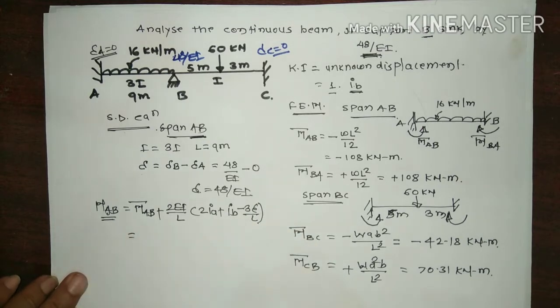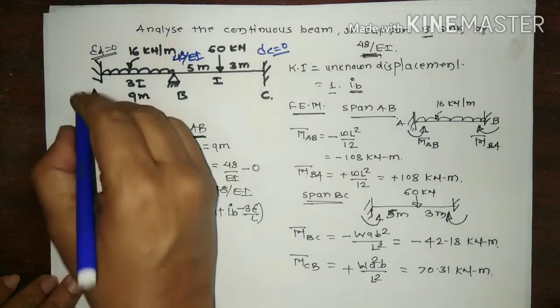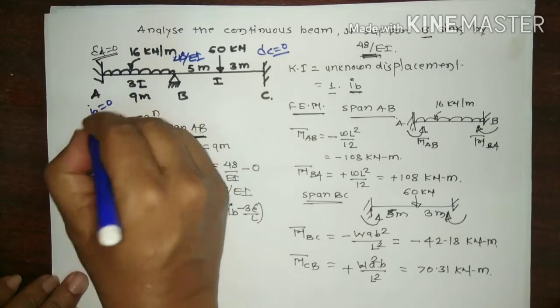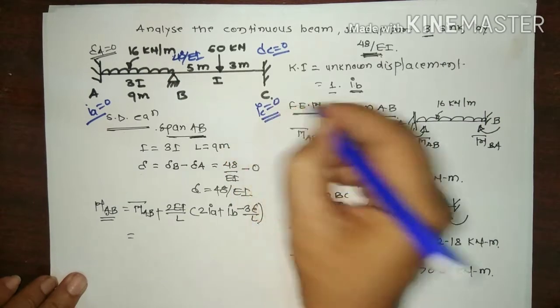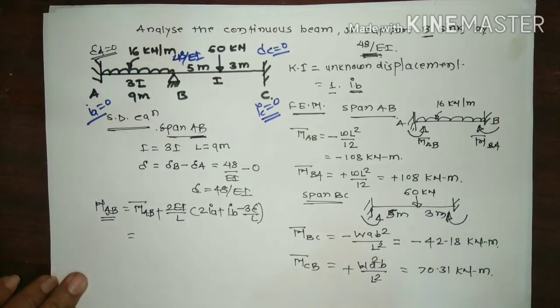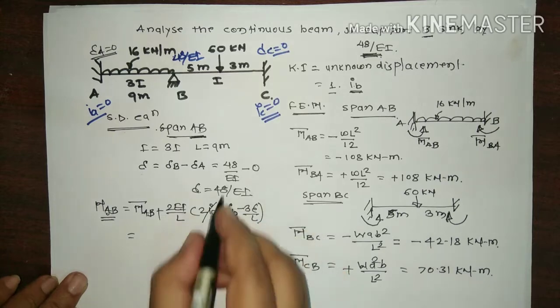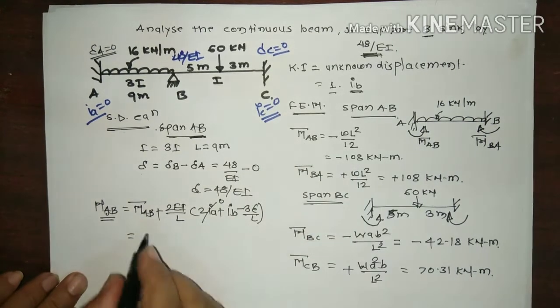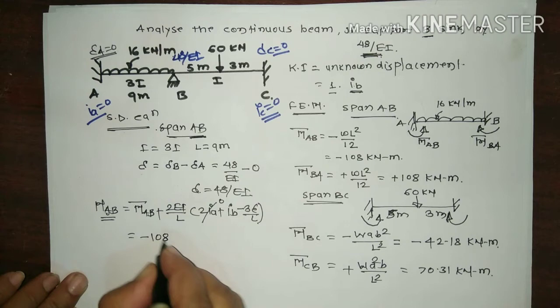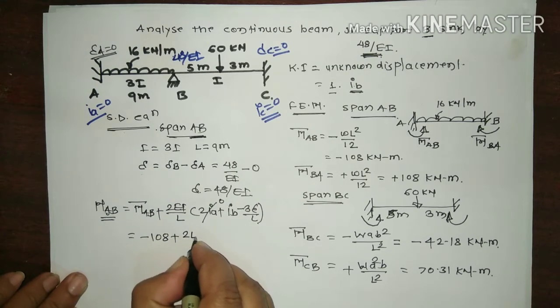Now here we know theta A is 0 because of the fixed end. Here theta C is equal to 0 because of the fixed end. So this value becomes 0. This value becomes 0. Now M bar AB is minus 108 plus 2E.